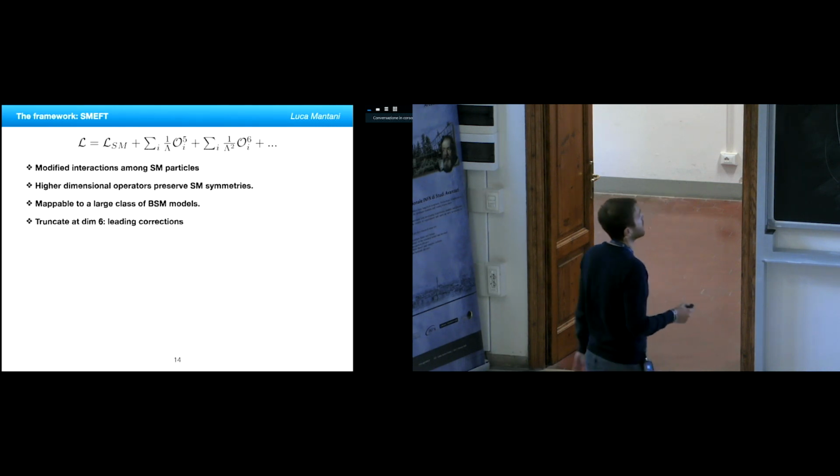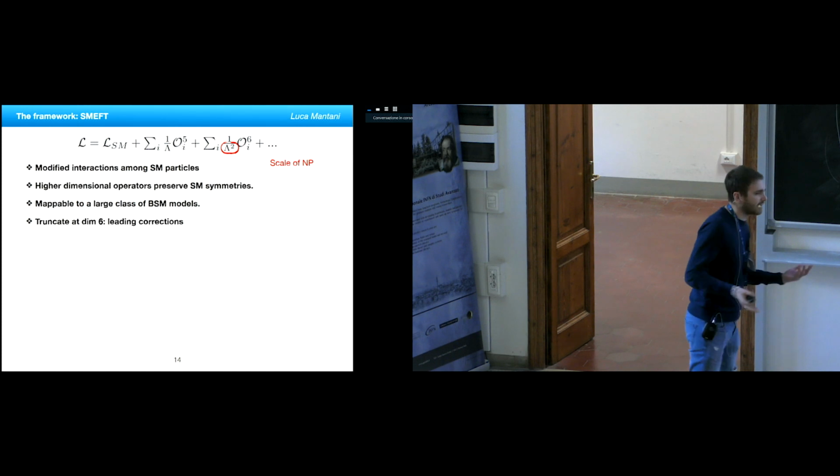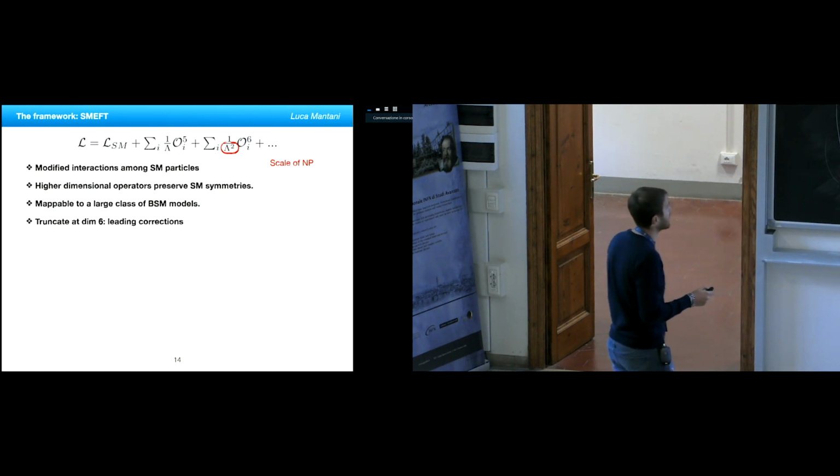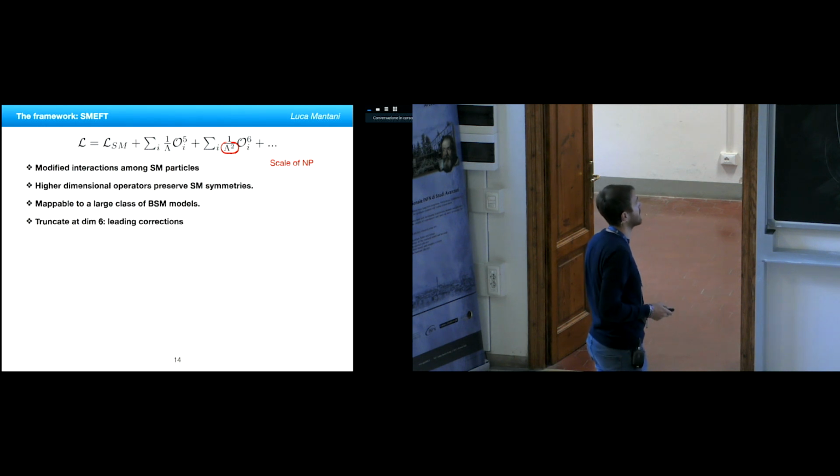So this framework is the SMEFT, okay, as I said, where the standard model Lagrangian is extended by a tower of higher dimensional operators, which are suppressed by the scale of new physics. All of these operators are, for example, the ones shown before, and this framework is said to be rather model independent because it can be mapped to a large class of BSM models.